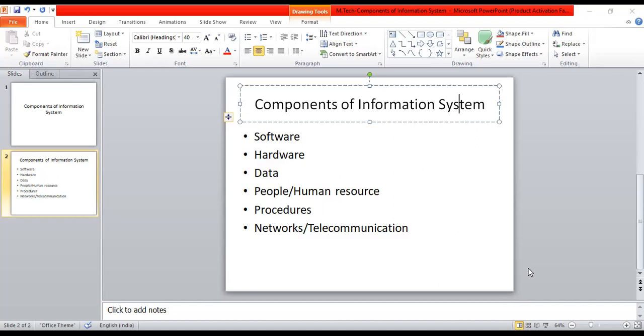Other human resources may be there. The final and possibly most important component of an information system is the human element, the people needed to run the system and the procedures they follow.